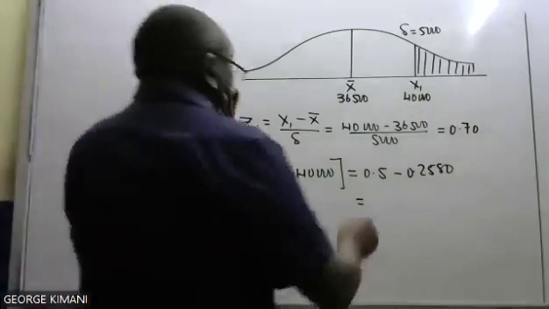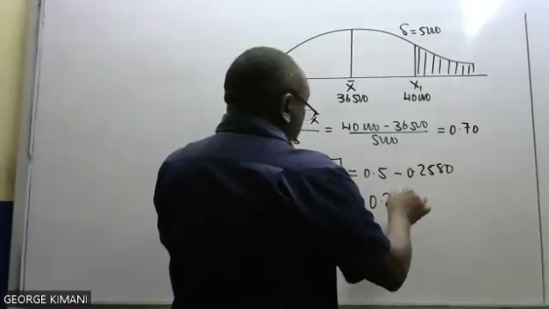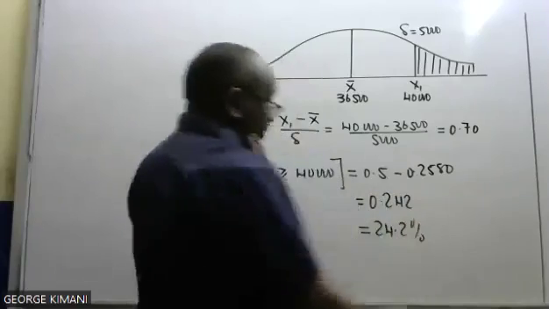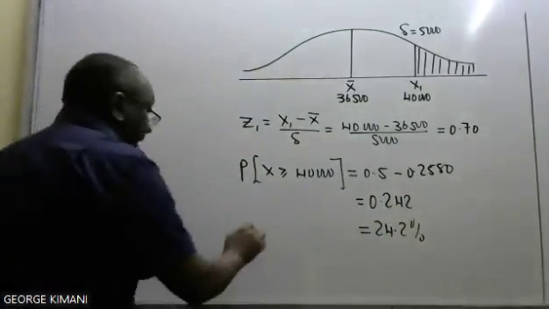So 0.242, so this is 24.2%. So what do you advise?